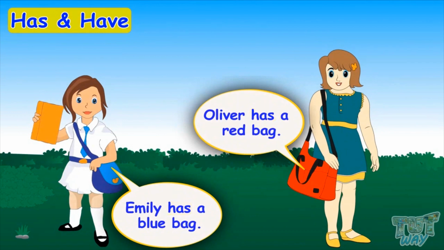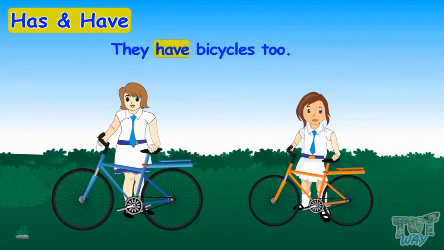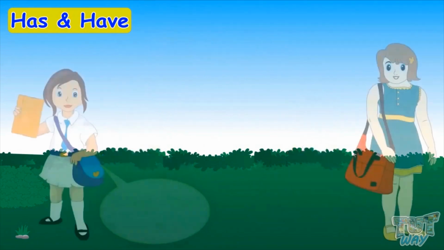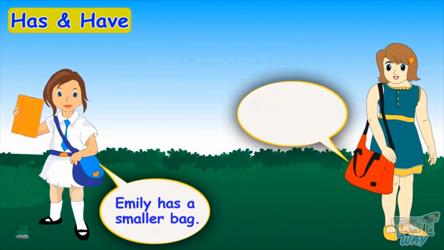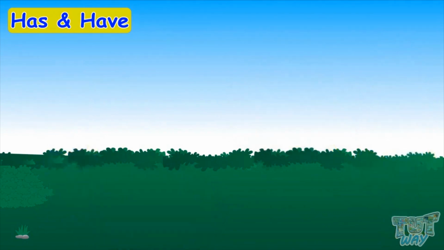And we use have when we talk about both of them together. They have bicycles. Emily has a smaller bag. Oliver has a bigger bag. So has is used with a singular naming word, and have is used with plurals.